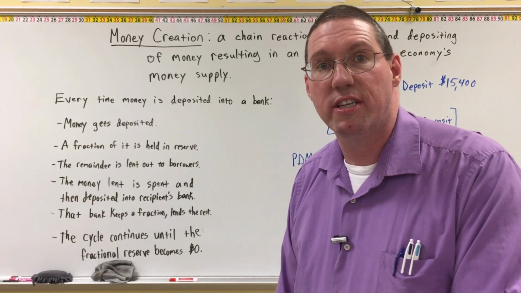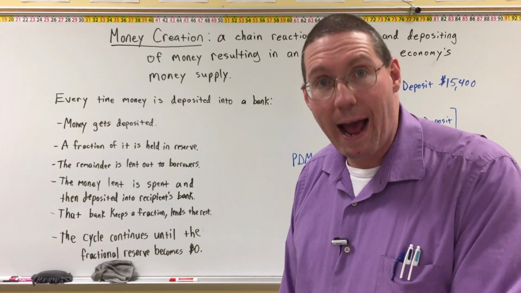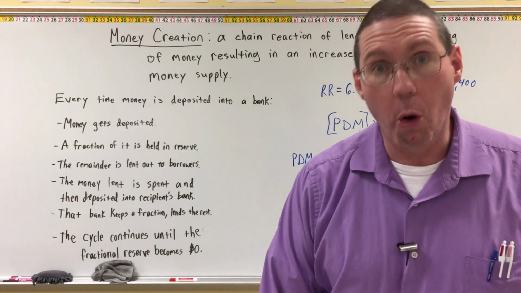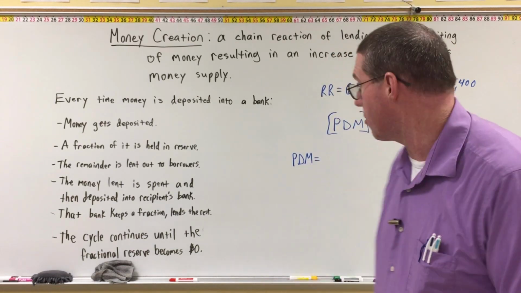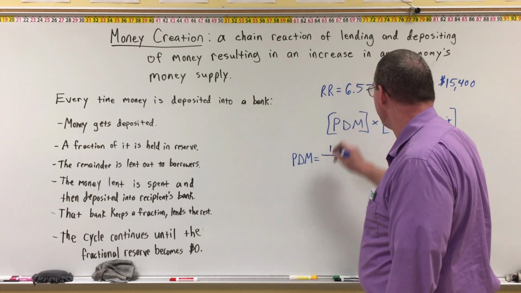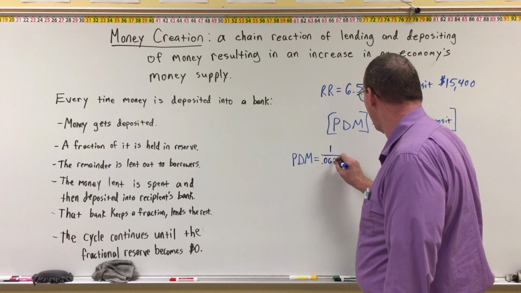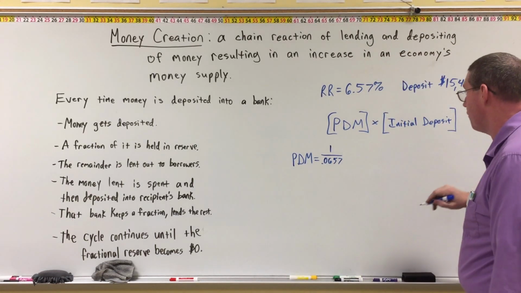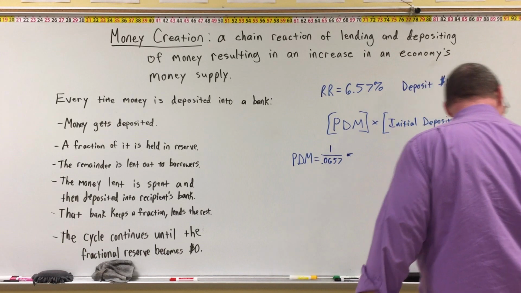But we don't ever round any numbers that are calculated before the number that's put in the box. So, when we do 1 divided by 0.0657, and then we're going to multiply that times 15,400. Watch what's going to happen here.